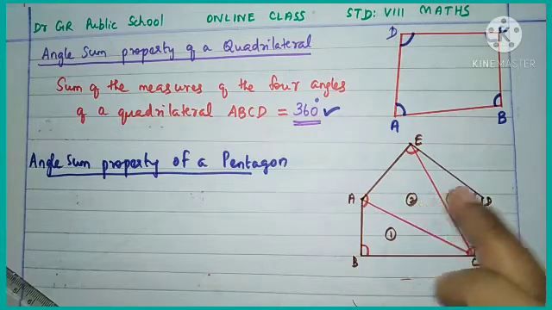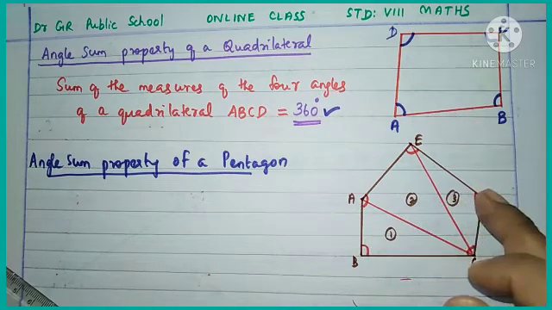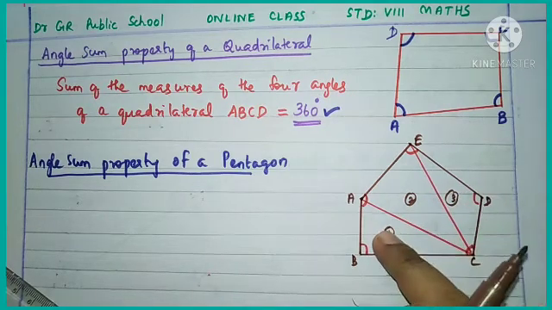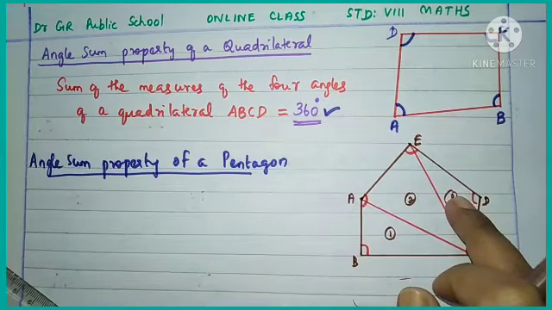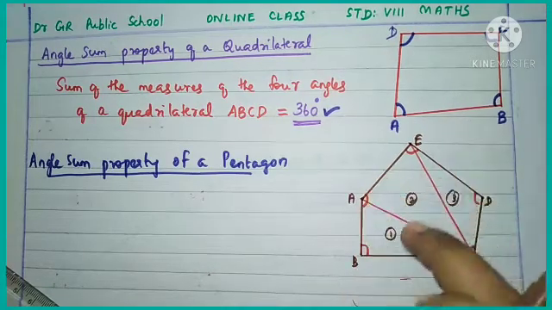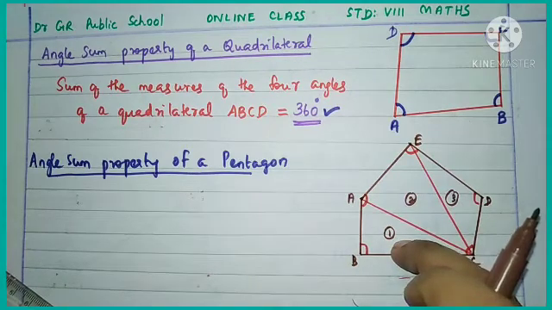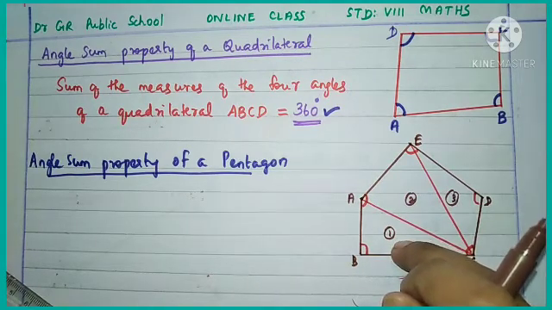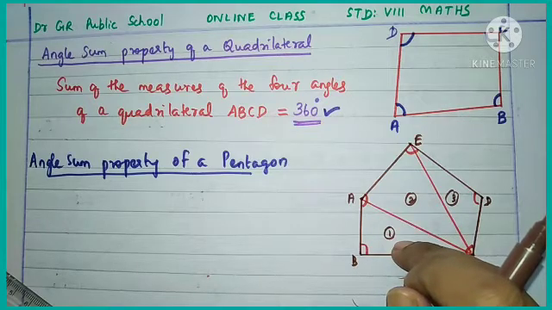Yes, add the sums of the angles of these 3 triangles, that is 180 plus 180 plus 180, so that you will get the total angle sum of this pentagon. Understood, children? That is the way of finding the angle sum property for any closed figure.